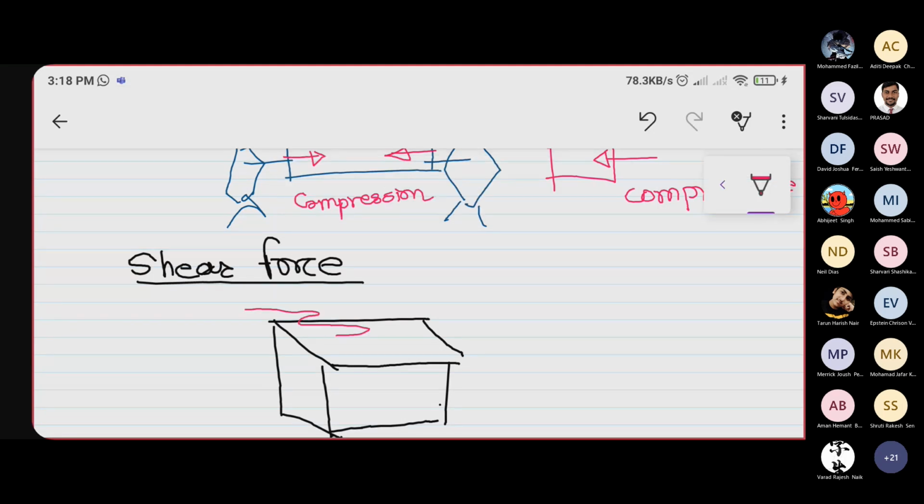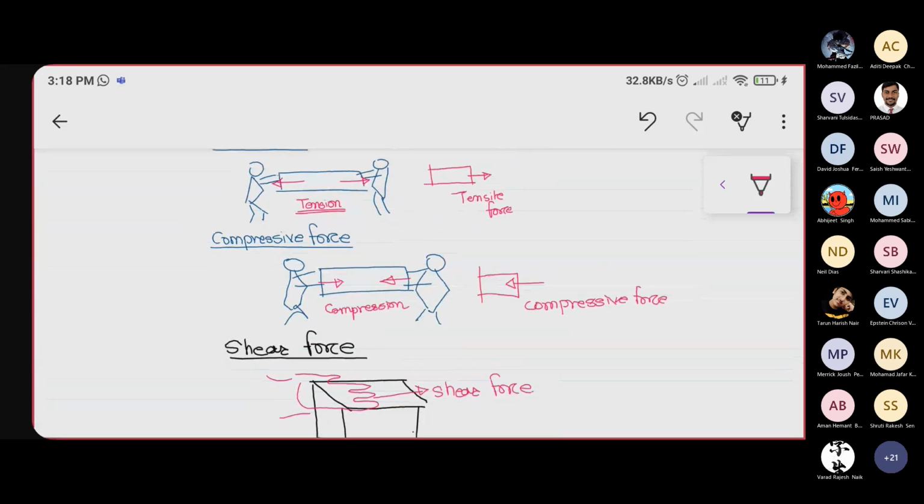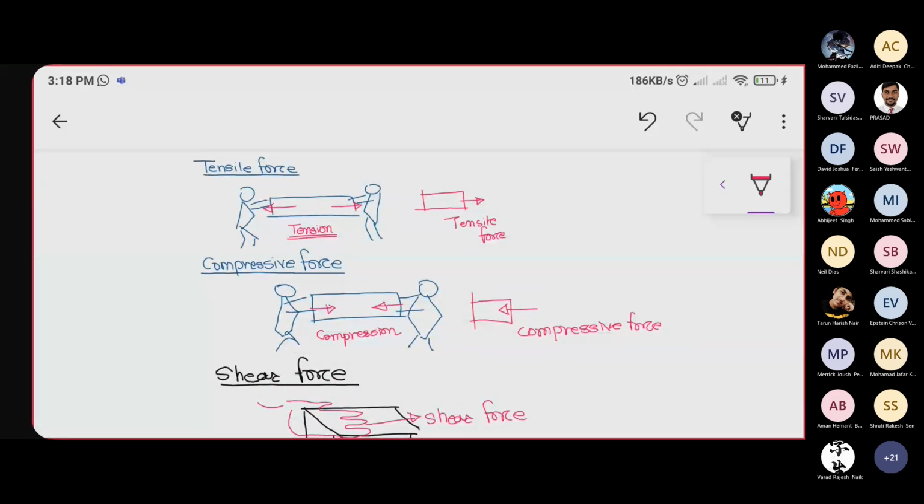If you move your hand over this box on the top layer, then the force applied that is parallel or tangential to the surface is called a shear force. So the three important forces are tensile force, compressive force, and shear force.